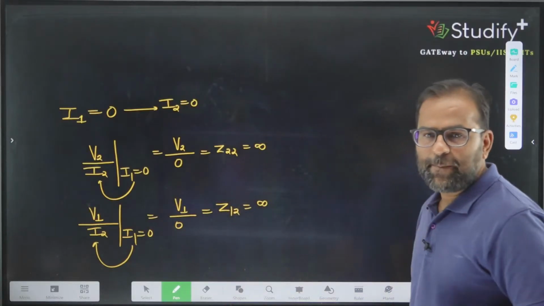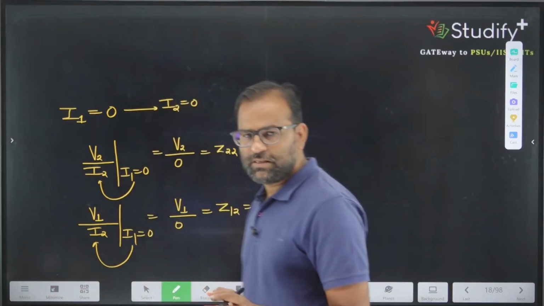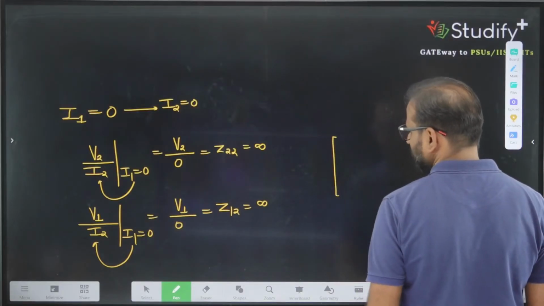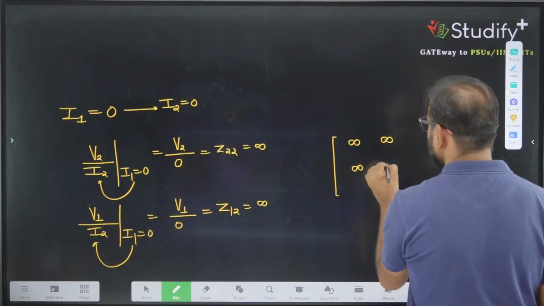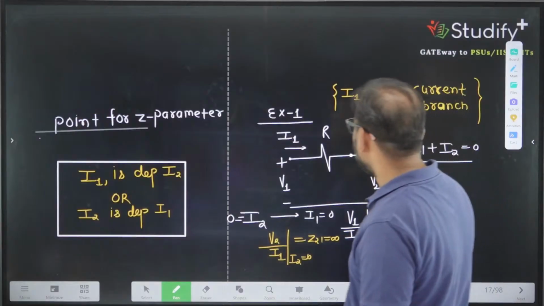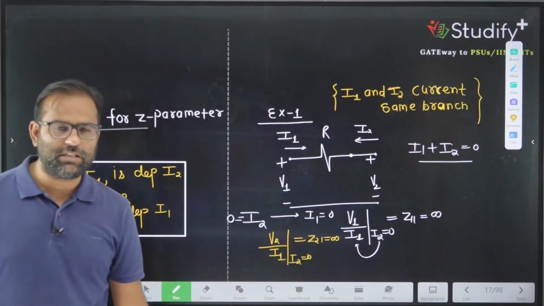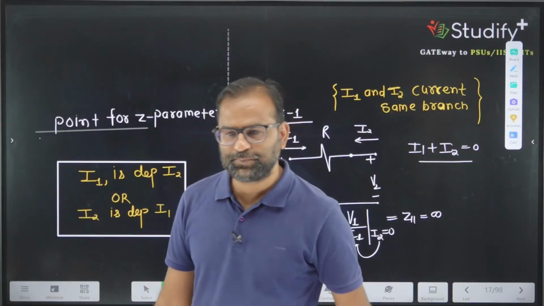So can I say that when the currents are dependent on each other, in that condition all parameters are infinite, not defined. So Z parameter is not defined for this network when I1 and I2 are directly dependent on each other. I hope this is clear.